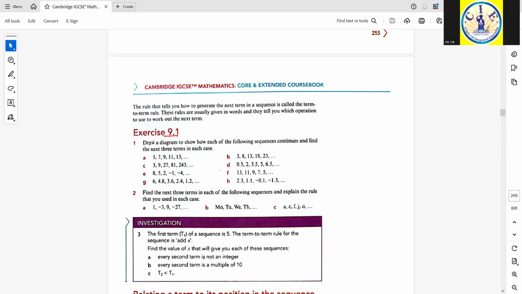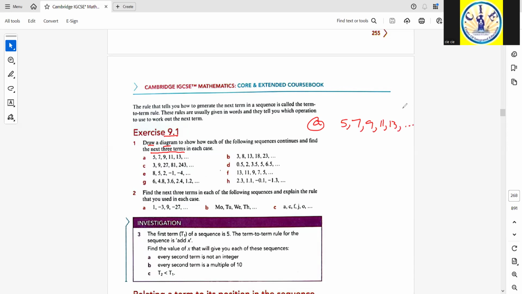Exercise 9.1. Draw a diagram to show how each of the following sequences continues and find the next three terms in each case. Part A, 5, 7, 9. So, and so on.